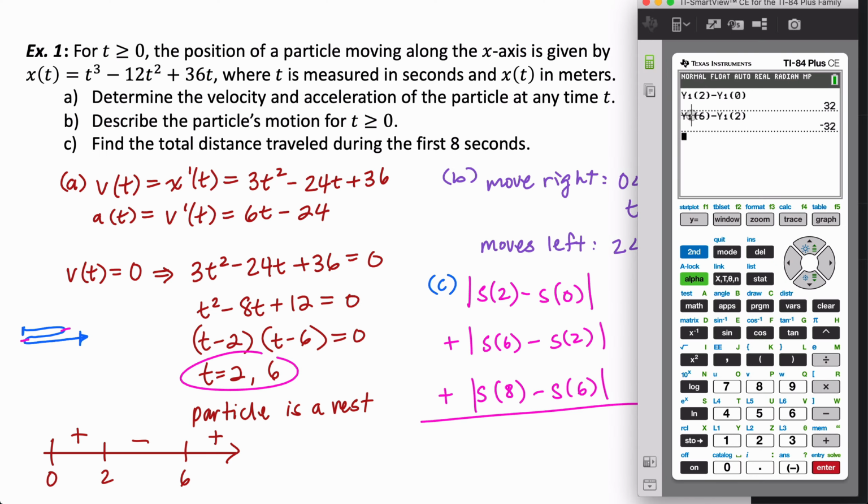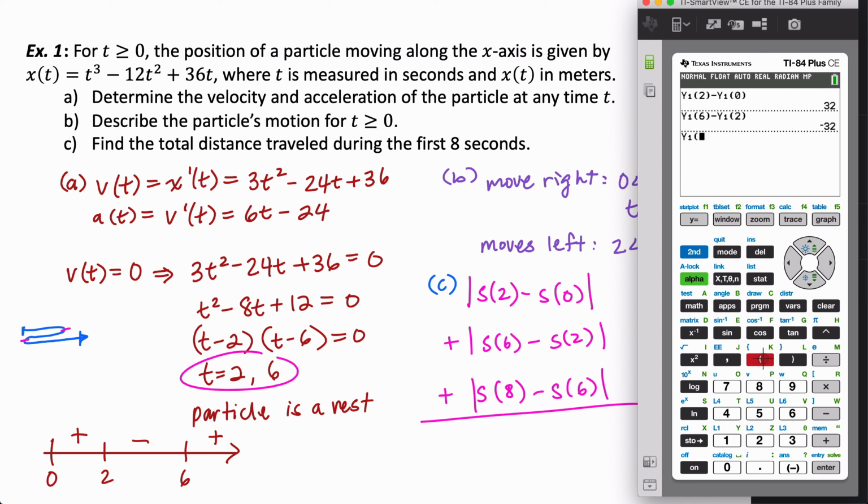Let me show you the other way to get to your y1. If you don't have the newer operating system, you have an older version of the TI 83 or 84, and you can't do the alpha trace, you can always get to y1 by clicking on vars, tabbing over to y vars, choosing the function option and picking y1.